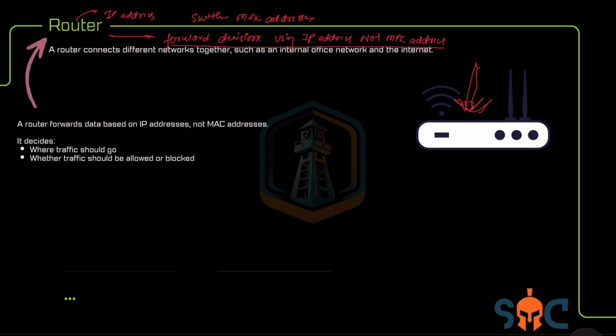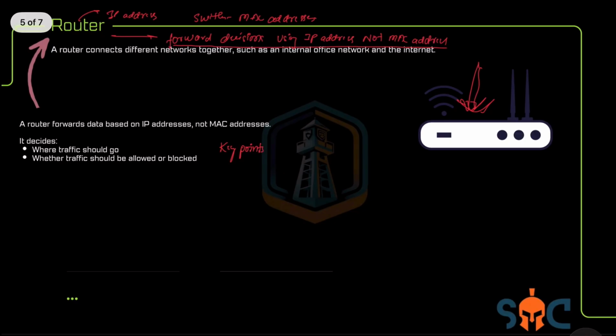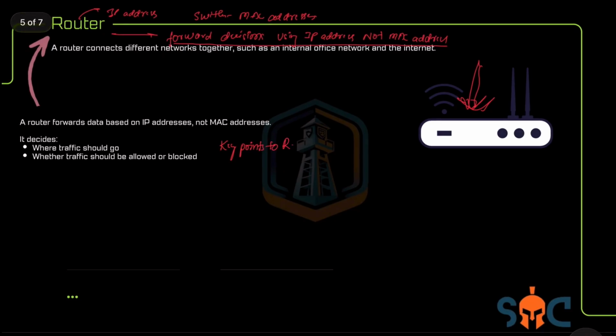Okay, so there are a few key points which we have to remember. Key points to remember. First, a router operates at layer 3.